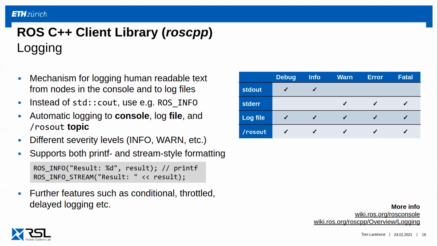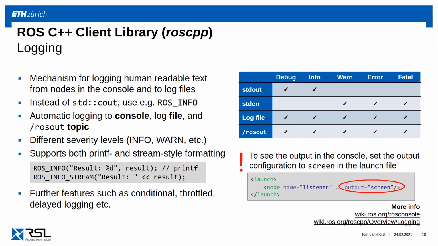And the printf call will substitute that with the value of result. The second example shows how the same would be achieved with a stream. There we use the double angle bracket operator to append the result value to the text result.